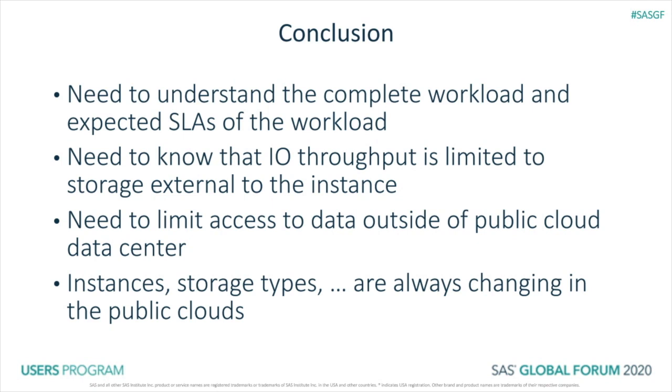You need to understand that any time you access anything from outside your LAN that you're running on inside the public cloud, it's going to take a long time to get at it. Another one is instances and storage types are always changing up in the public cloud.